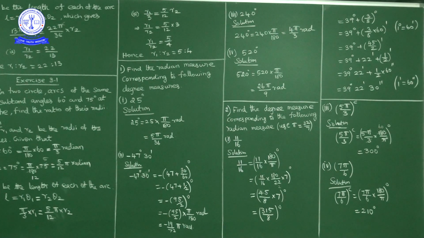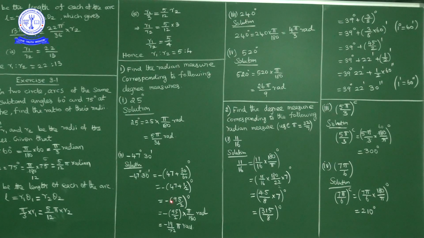Here the given degree measurement is minus 47 degrees 30 minutes. 30 minutes is nothing but half a degree because 60 minutes makes 1 degree. So 47 plus half, 47 and a half degrees, or converting the mixed fraction to an improper fraction, 95 upon 2 degrees.